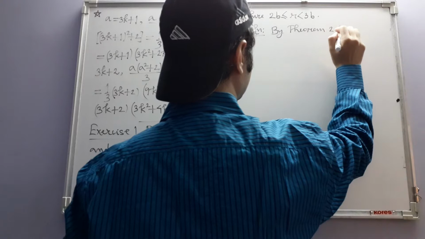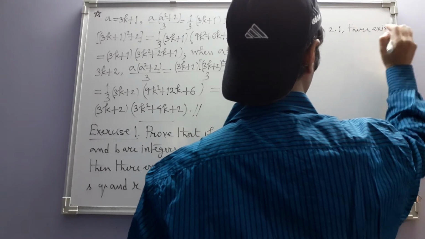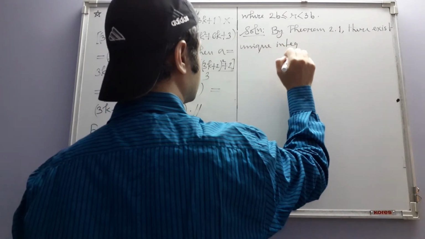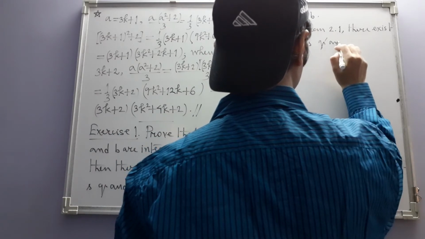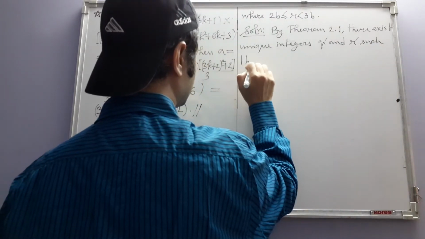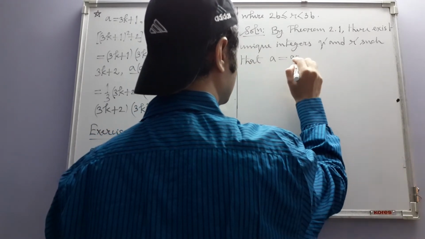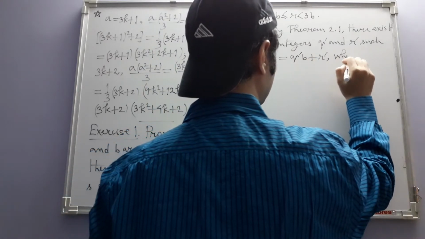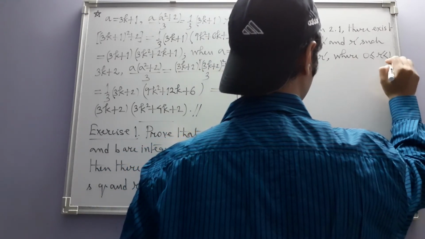By theorem 2.1, there exist unique integers q prime and r prime such that a is equal to q prime b plus r prime, where 0 is less than or equal to r prime and r prime is less than b.